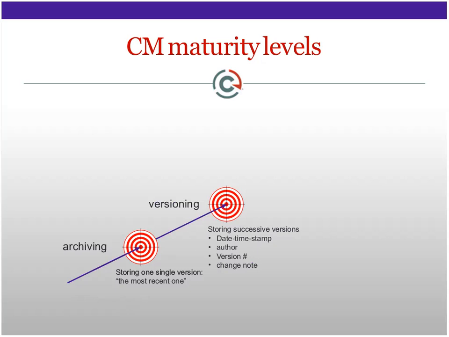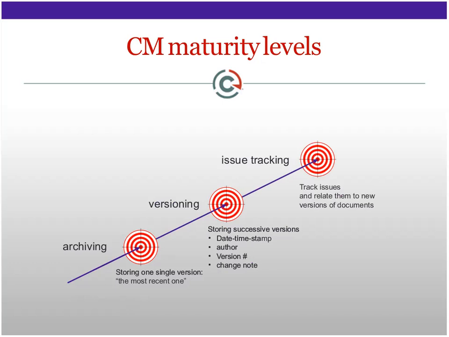You don't only store the latest version, but also every successive version. And you store it with date and timestamp, with the author that made the change, with a version number and a change note. So now you have a little bit of historical track, which can tell you something about how this version actually evolved.